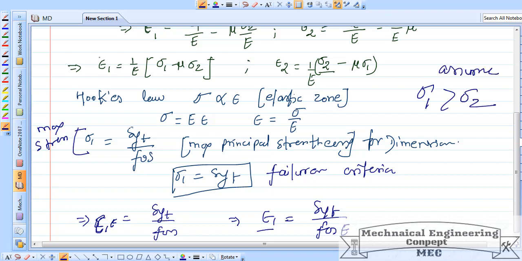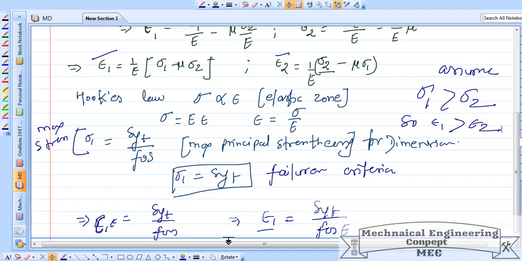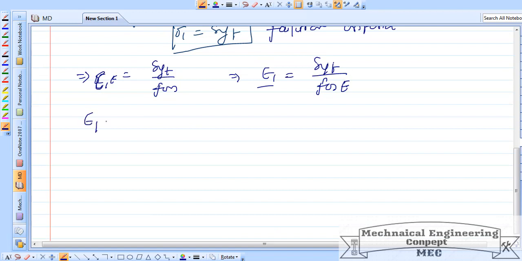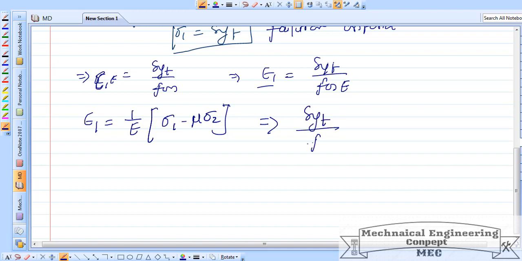So in that case epsilon 1 will be more than epsilon 2. The equation of epsilon 1, which is 1 by E times (sigma 1 minus mu times sigma 2), can be written with epsilon 1 replaced by SYT by FOS into E, equal to 1 by E times (sigma 1 minus mu times sigma 2).